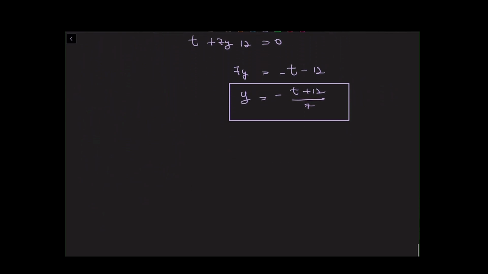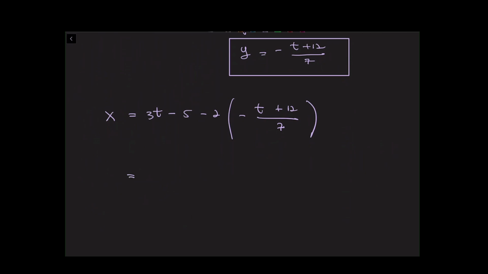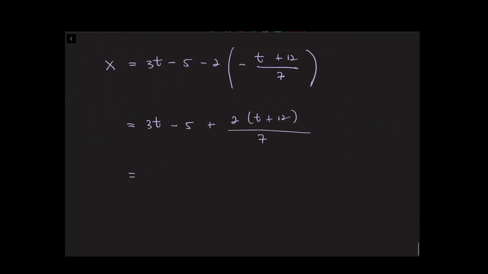So now x is going to be equal to 3t minus 5 minus 2 into negative t plus 12 upon 7. This is equal to 3t minus 5, plus 2, because minus minus will come inside, plus 2 into t plus 12 all over 7. Let's find a common denominator of 7 and add them like normal fractions.